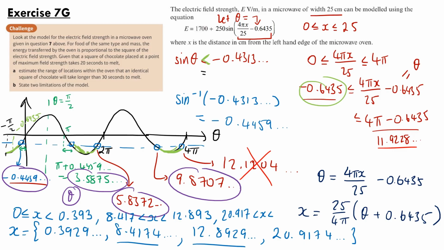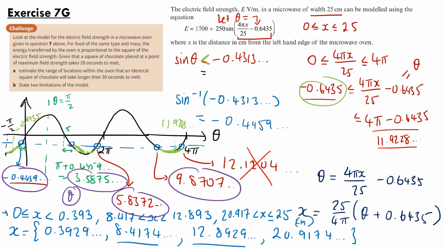So remember, the last solution was out of range, so the final point, the 11.9228, must be somewhere before the 4 pi, and so we're going right to the end of the range for x, which is 25. So the final range bit is from 20.917 all the way to 25. So those are the ranges of locations within the oven then where the chocolate will take longer than 30 seconds to melt. And all of those are in centimeters.